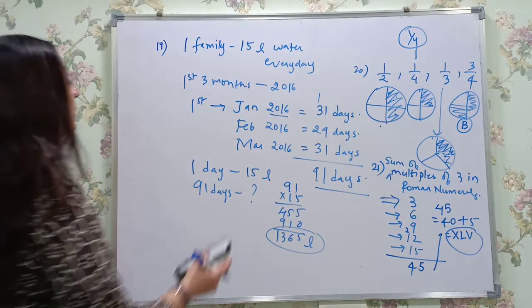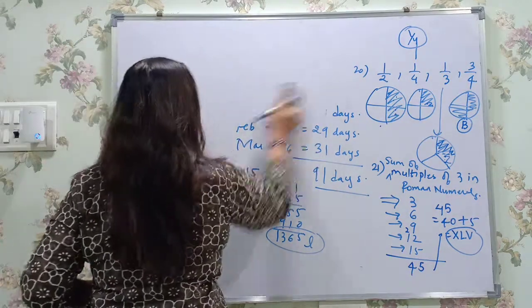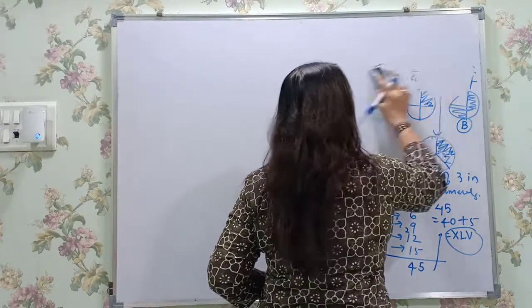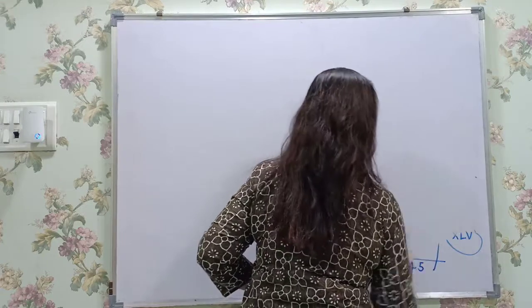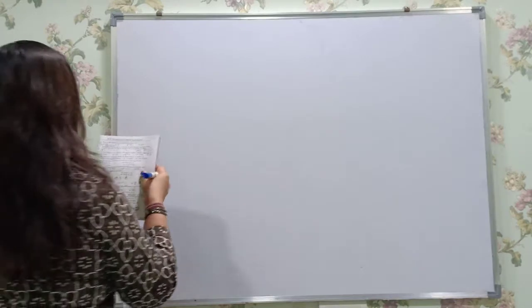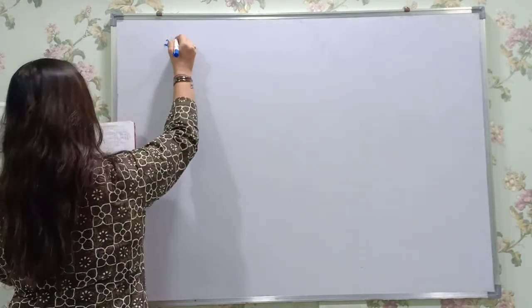Next one, sum number 22. Which of the following numbers is completely divisible by 3?